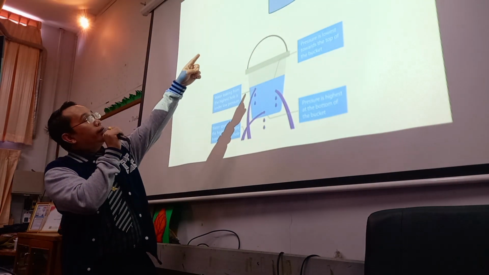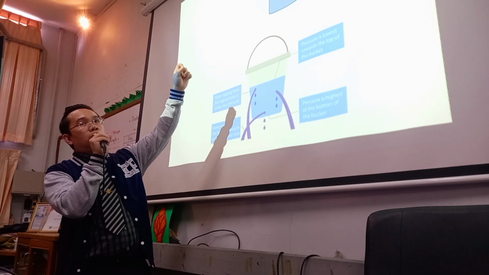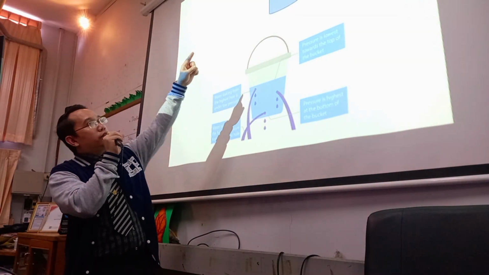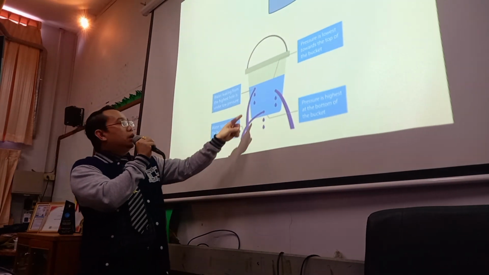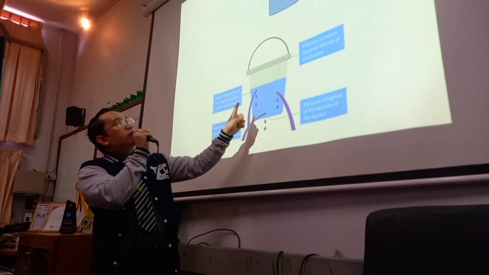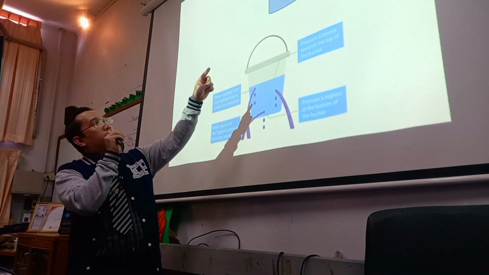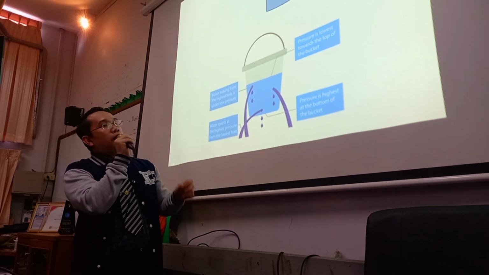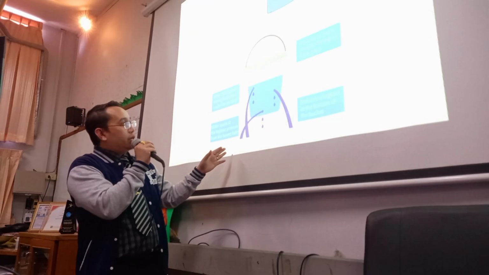The last one, after the water reaches hole B, it will continue to flow down to C, as you have noticed in here. So from B going to C, the water from C, farther from the bottle, has a greater or higher pressure already.